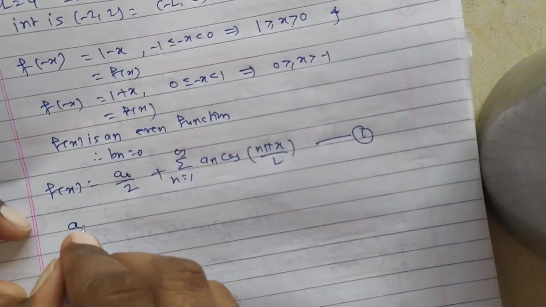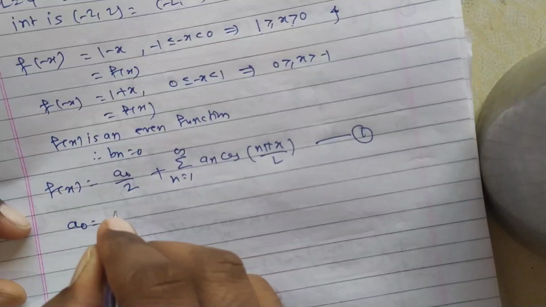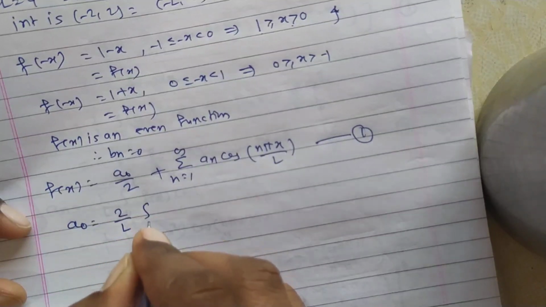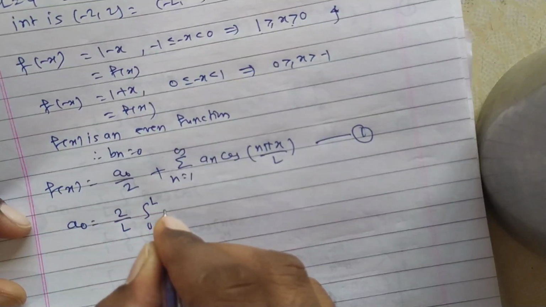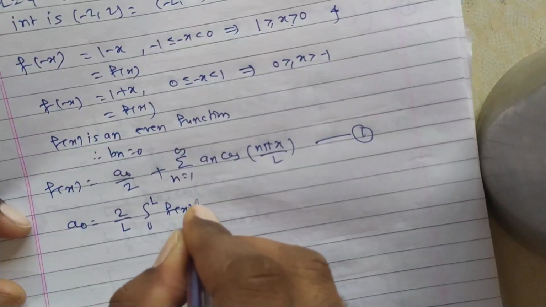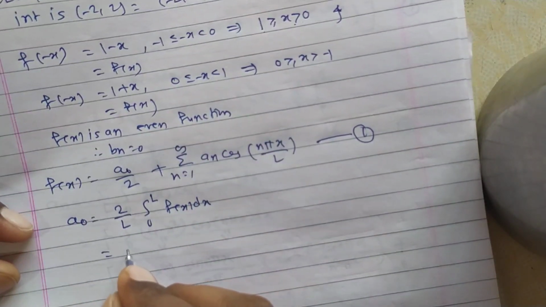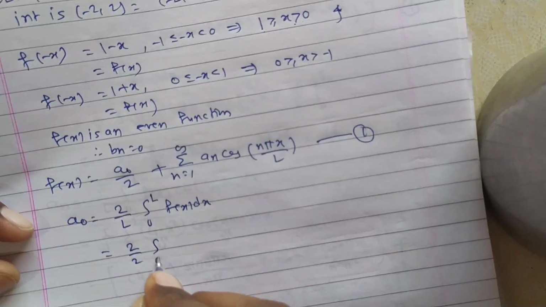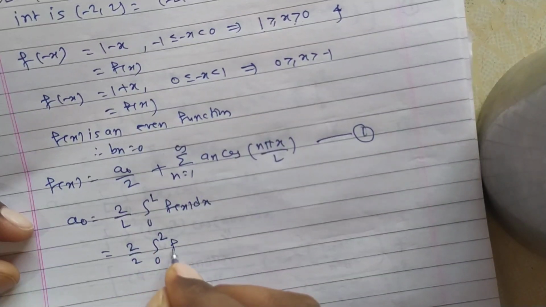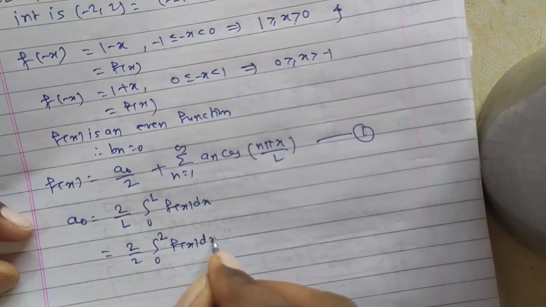For an even function, how do we write a0? a0 is equal to 2 by L, integral 0 to L f of x dx. But what is L? L is equal to 2 here. So that is equal to 2 by 2 integration of 0 to 2 f of x dx.